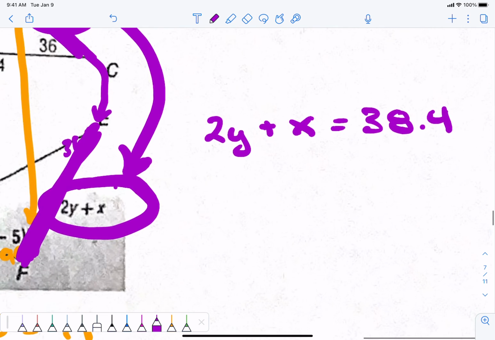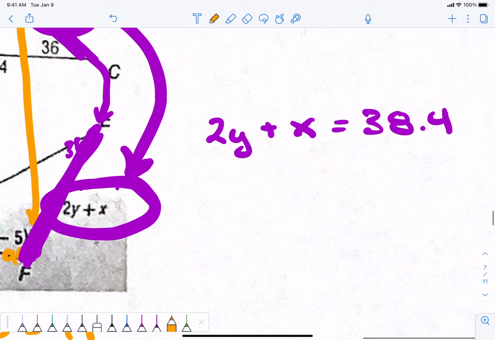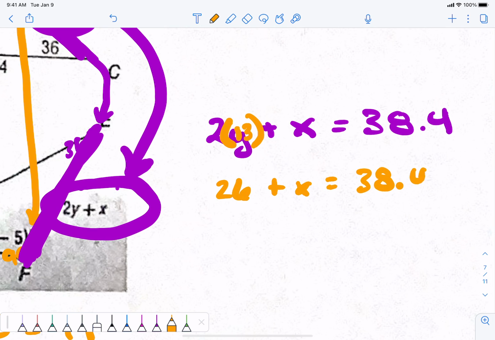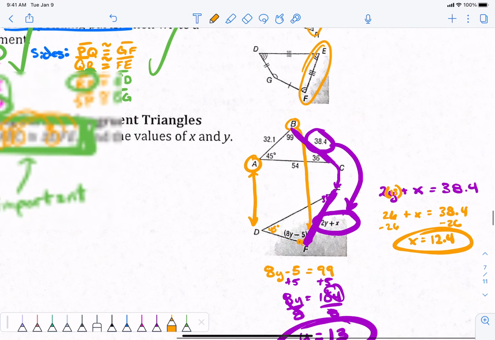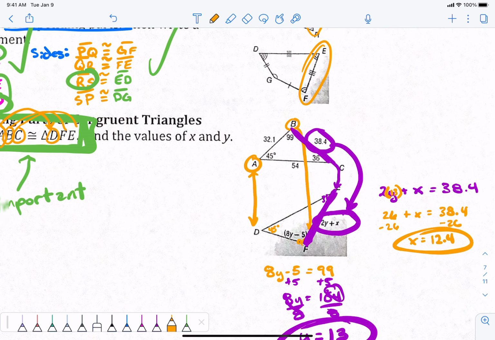But how do you solve x and y at the same time? Well, we already solved y. We know that y is 13, right? So we plug 13 in. This is 26 plus x equals 38.4. And then we subtract the 26. So x is 12.4. Perfect. Okay, and then we have all this, solve for the values of x and y. Okay, good? Happy with that?